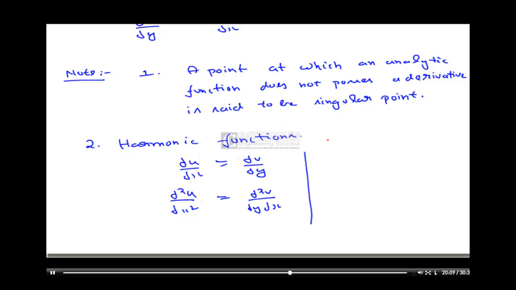The second term which I know is del u by del y is equal to minus del v by del x. If I differentiate this with respect to y, I will get del square u by del y square equals minus del square v by del x del y.